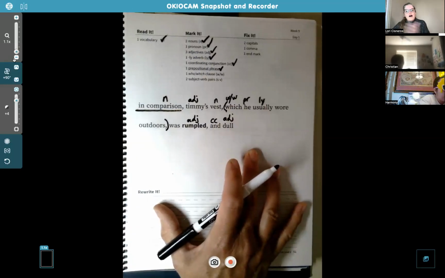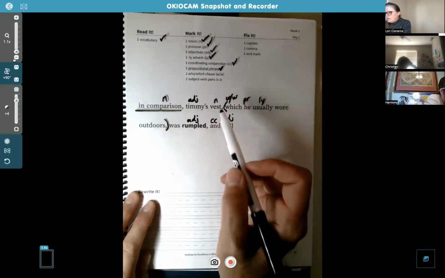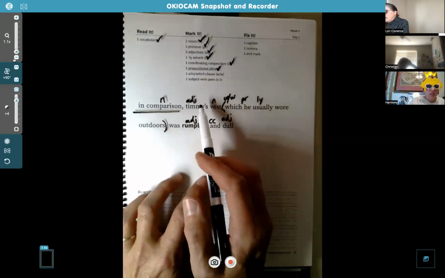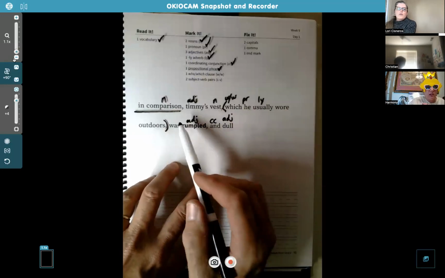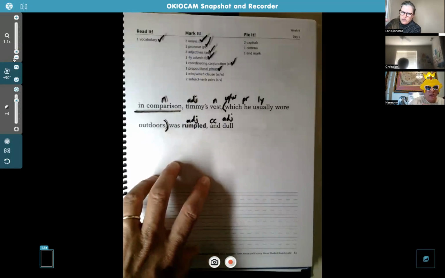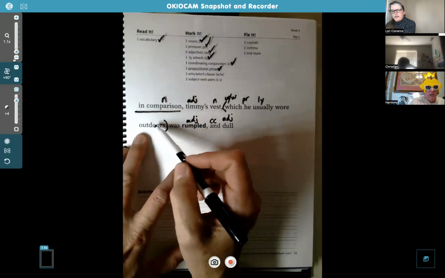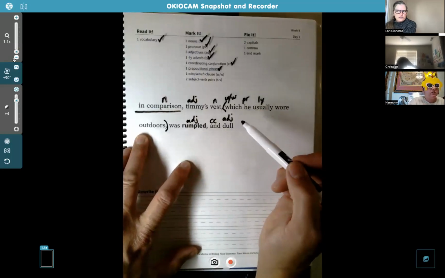The whole clause is explaining the vest. It describes the vest. So in comparison, we're just going to look at Timmy's vest, which he usually wore outdoors. That whole clause is telling a little bit more about the vest. So that's why we don't even label outdoors. This is part of the clause.